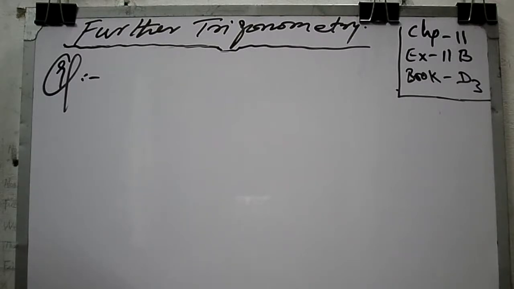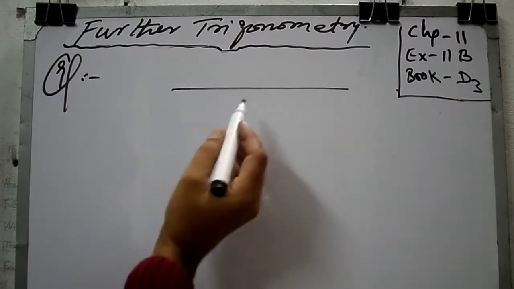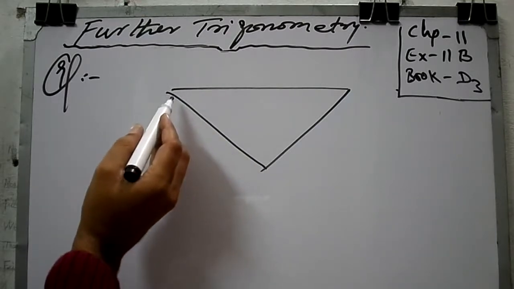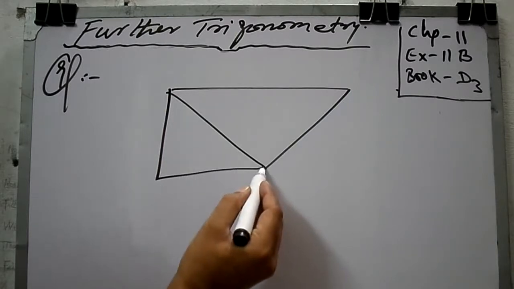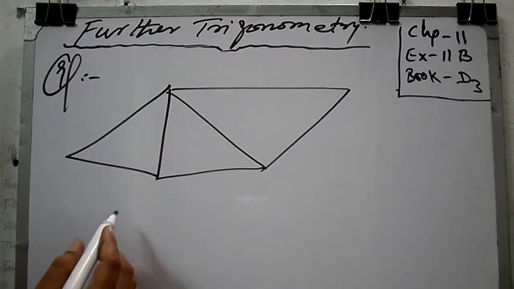First of all, we have to draw the configuration because the figure is given to us in your textbook. The figure is, for example, you can see here, first of all this, then we have to draw this triangle, then this one, and then the figure is like this.